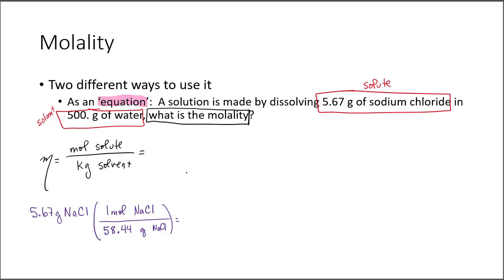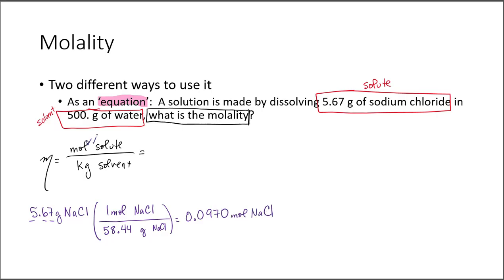Lost my cursor. Oh no, come on back. Oh, this is less than ideal. There we go. 5.67 has 3 sig figs, so I'm going to make sure my answer has 3 sig figs. 0.0970 moles of sodium chloride.